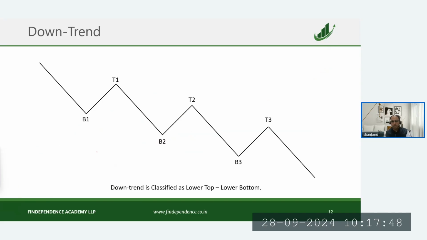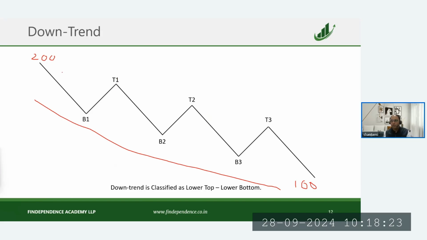Now let's look at how a downtrend will look. This is just theory. We will look at charts for how we will be looking at trends. I'll first cover the theory part and then we'll look at the charts also. So in a downtrend, if price has to come from 200 to 100, maybe it won't come in a single line. It will come down, again rise up to some level, and again resume its down move.